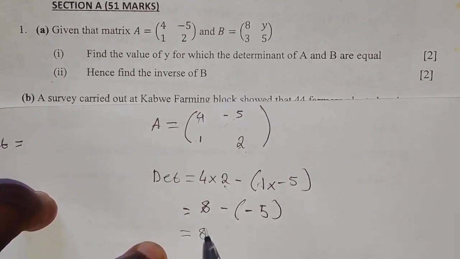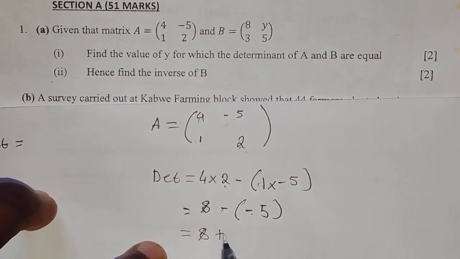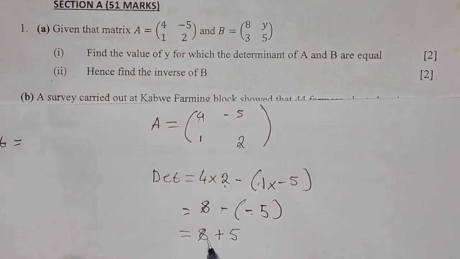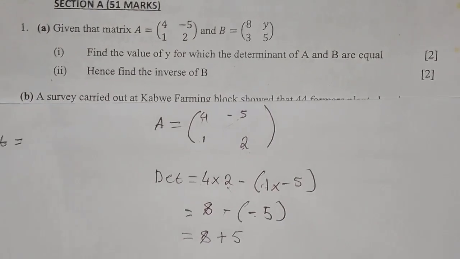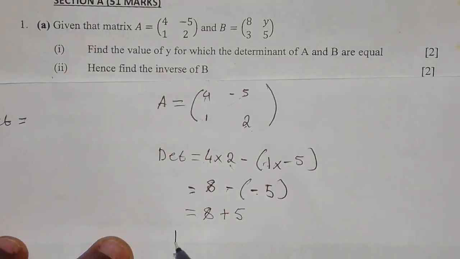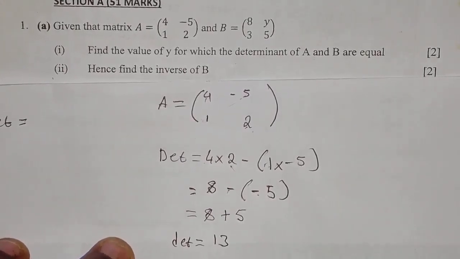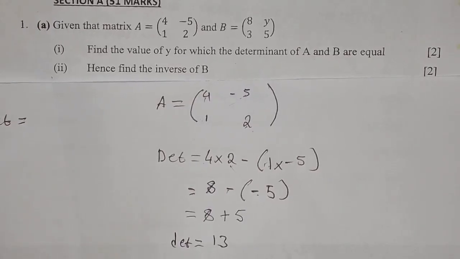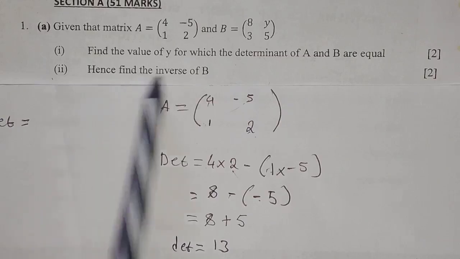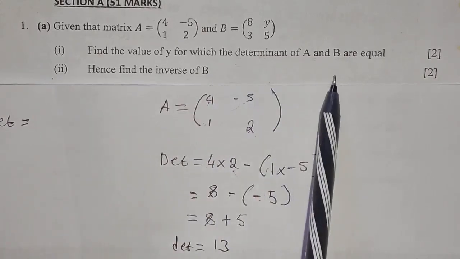Negative multiplied by negative gives a positive, so we have 8 plus 5, which gives us 13. So the determinant is 13. Since the determinant of A is the same as the determinant of B, according to the statement, we can now use matrix B.